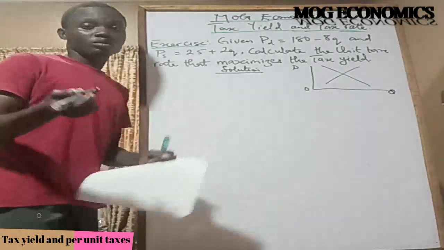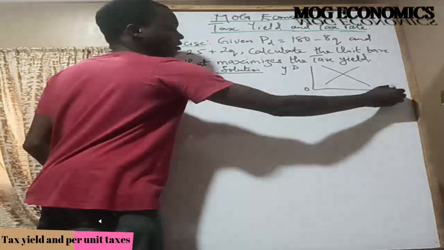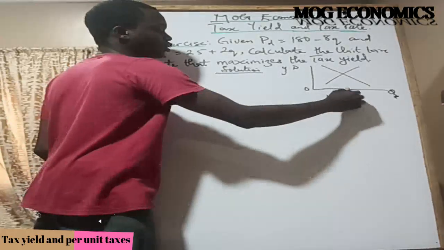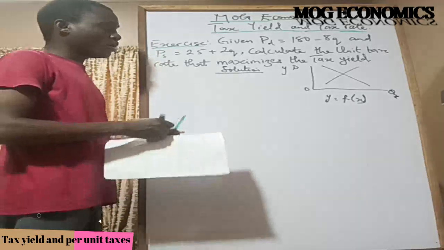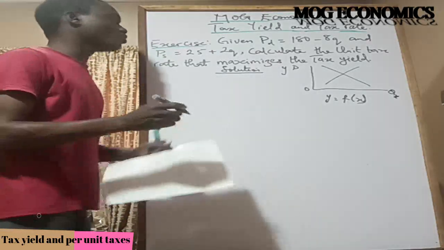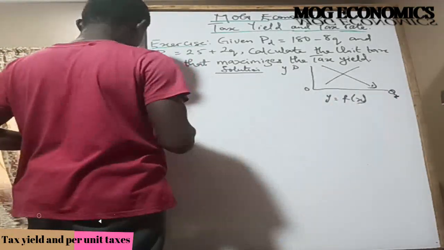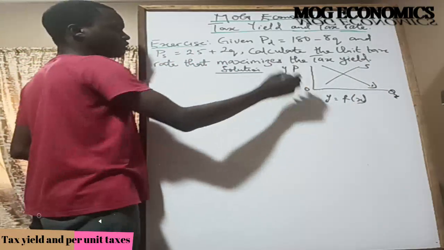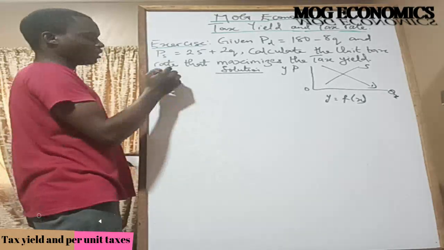If you remember your normal graph, this is y and this is x, and a normal mathematical function is y being a function of x. So y is the dependent variable, x is the independent variable. The dependent variable is a function of the independent variable. That is why for the graphs we have here, this is the demand graph and this is the supply graph, so it is important that we have their inverse functions.